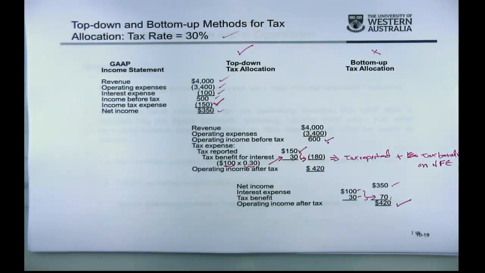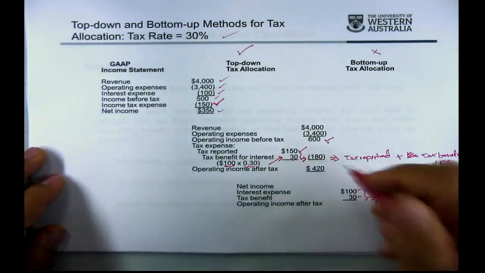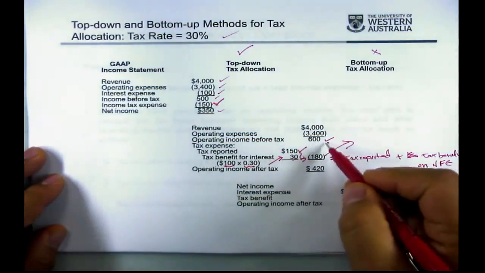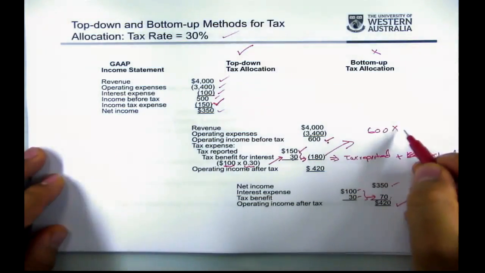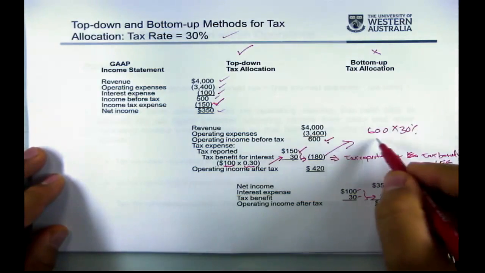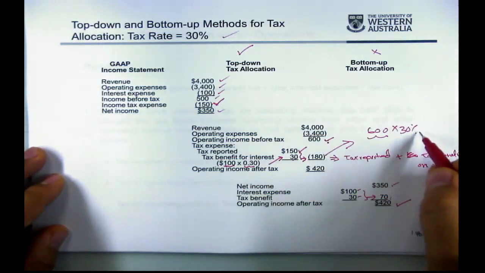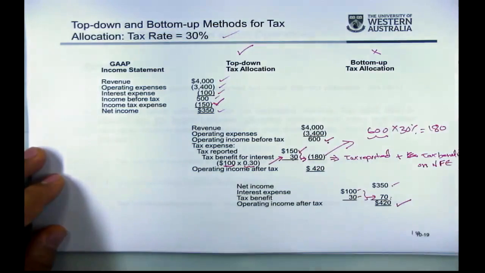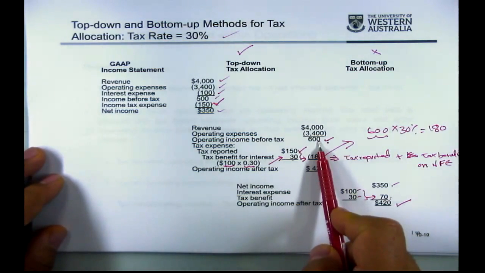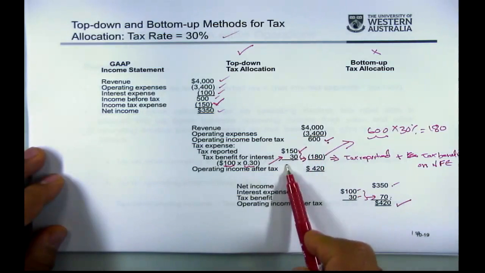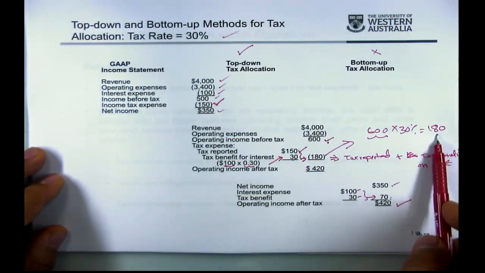Or this is how much the tax on operating income should be if there was no tax deductible interest expense. And the evidence of that is that if you multiply 600 times 30%, if the full amount here is tax deductible, you get 180, right? If the full amount 600 is tax deductible and there was no interest expense, in this case the tax bill will be 180.